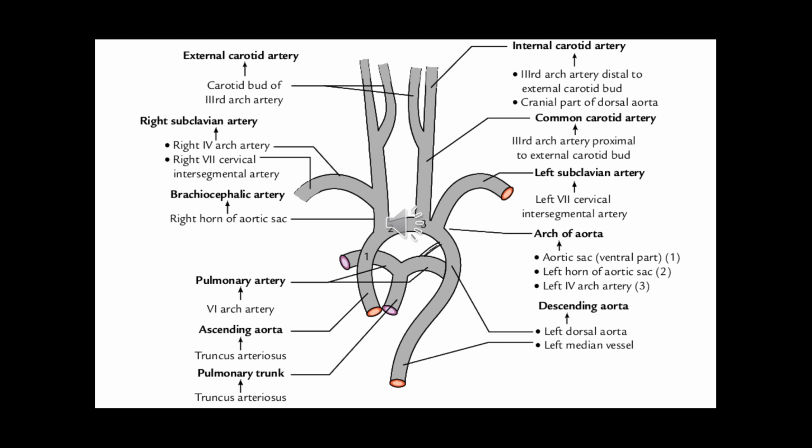As you can see on the left side, it's coming from the seventh intersegmental artery only, whereas on the right side, it has multiple origins. And we have already given the description. So the right subclavian is coming from right fourth arch artery, right seventh intersegmental artery, and a small part of the right dorsal aorta before it disappears.